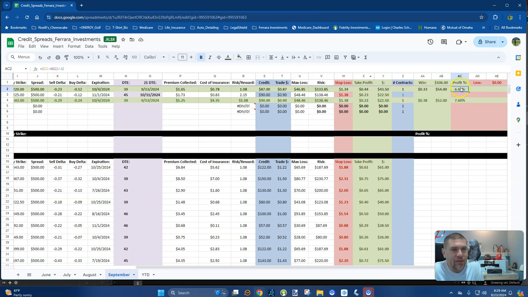So I just added this to give me a better idea of where I should take my profit. We were taking profit at 50%. This next one I have open, I thought I would change it a little bit, and we'll take it at 75%.